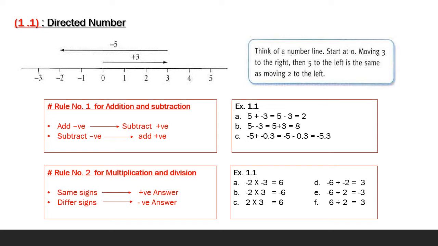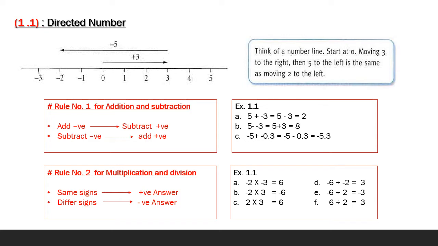For multiplication and division, it's a simple rule. Same signs mean a positive answer. Different signs mean a negative answer. In the case of multiplication and division, let's say we multiply two different signs, like example B: minus 2 multiplied by 3 is equal to a negative answer, negative 6.